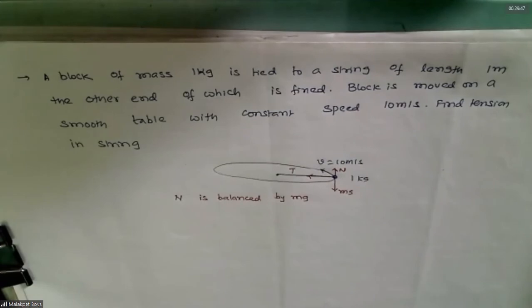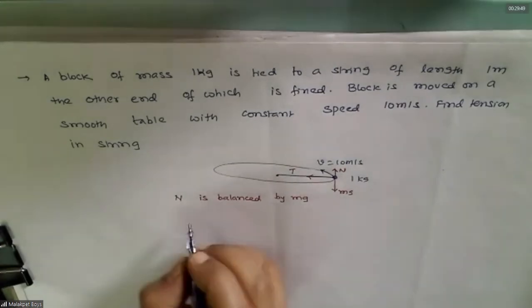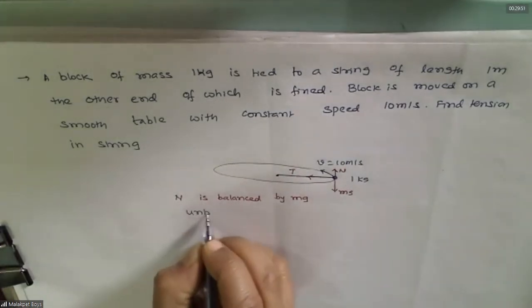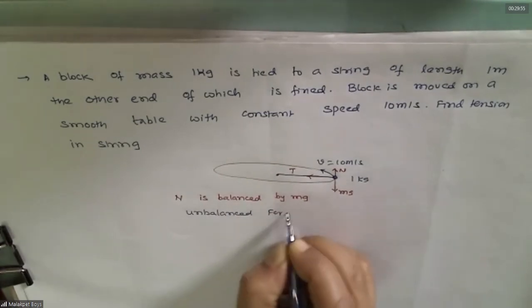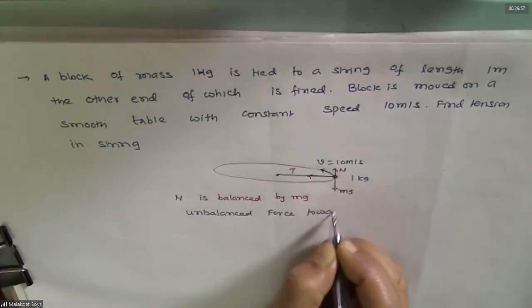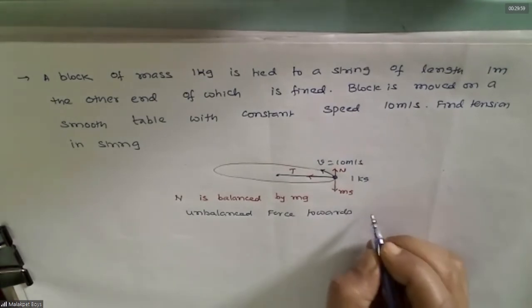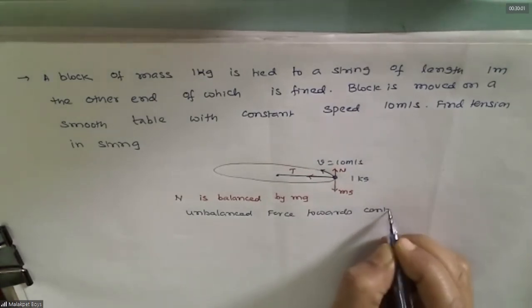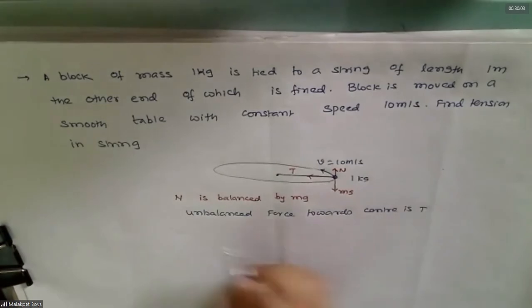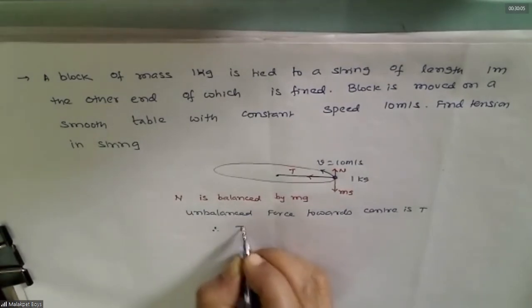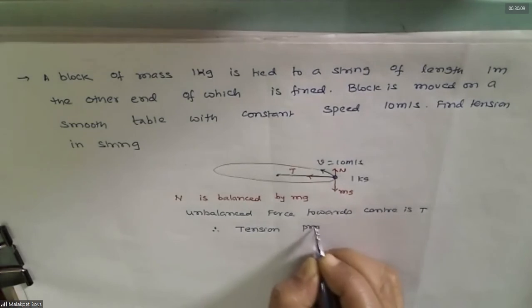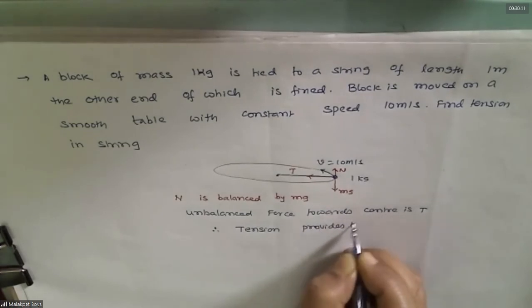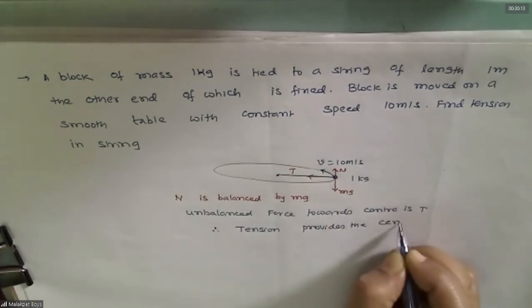For every problem you should do the same. What is the unbalanced force toward the center? That is the centripetal force. What is that here? Tension. Therefore, tension provides the centripetal force.